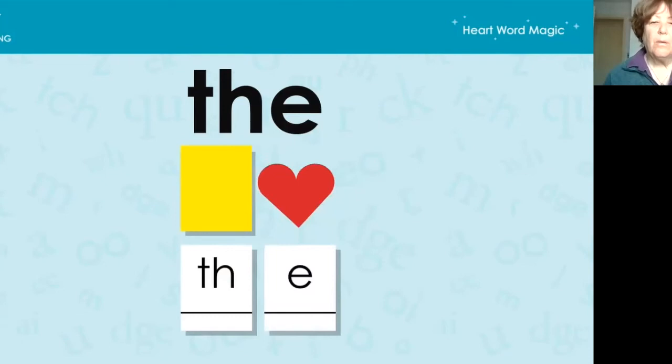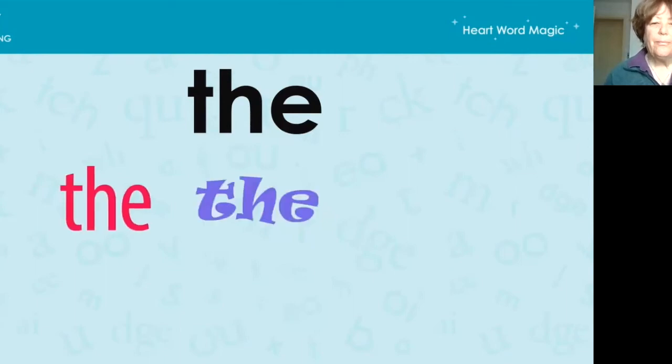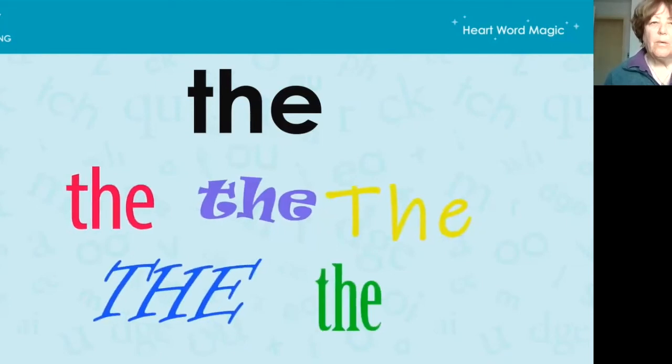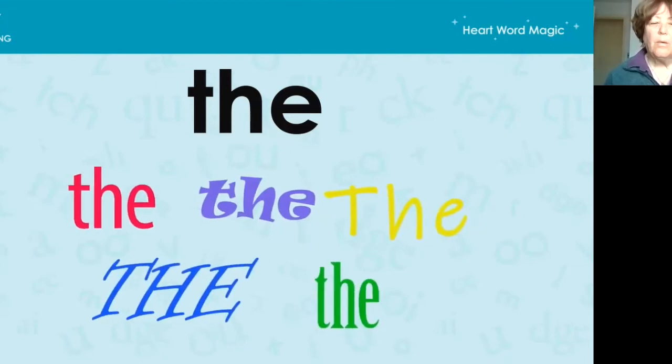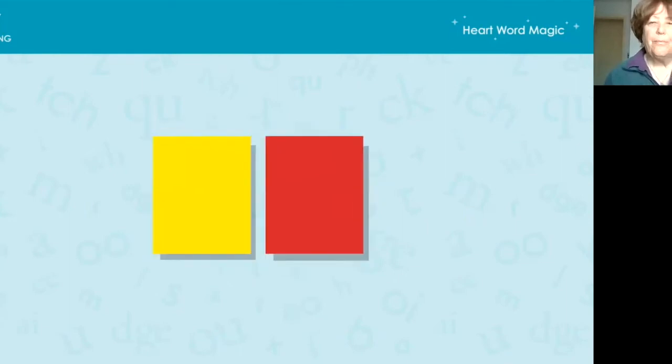We might see the word the in different shapes, colors, and sizes. These all have the same letters and they all say the. Now let's see if you can remember how to spell the word the. We can use our phonics knowledge to spell the first sound. The first sound is th.